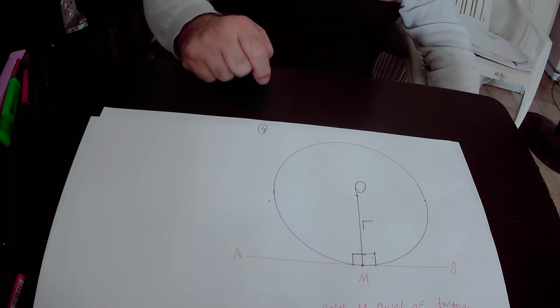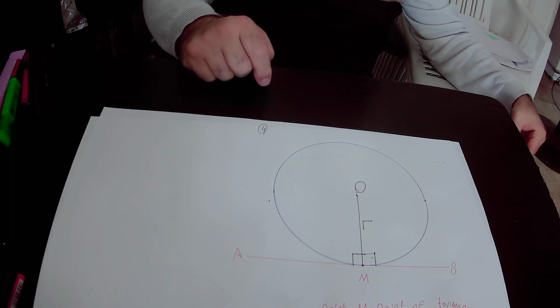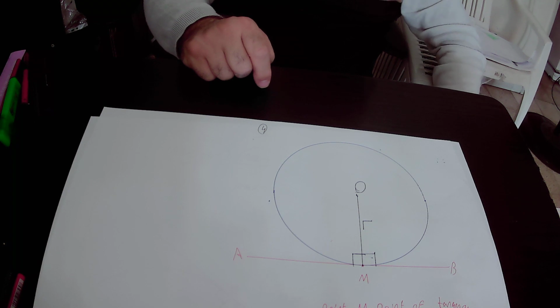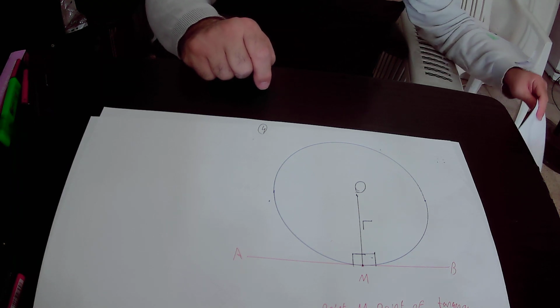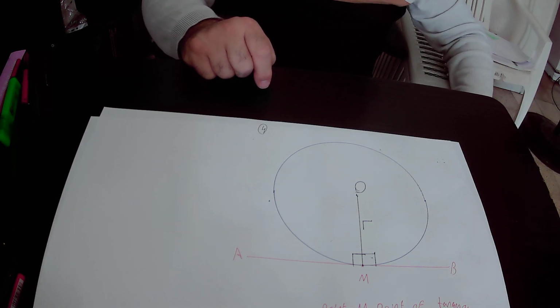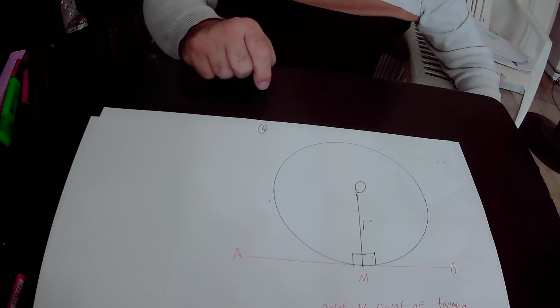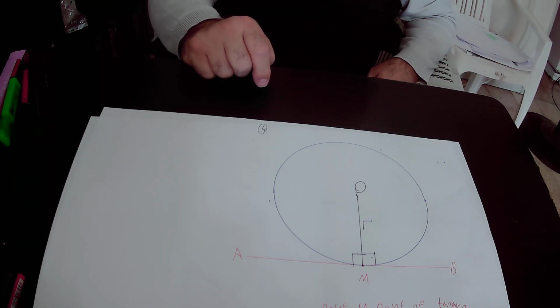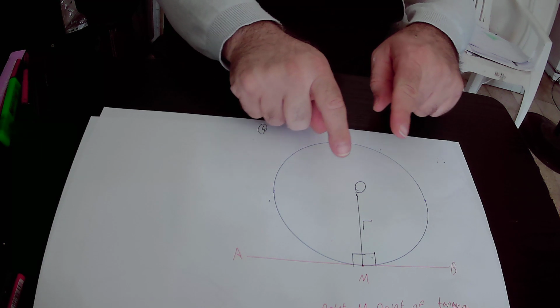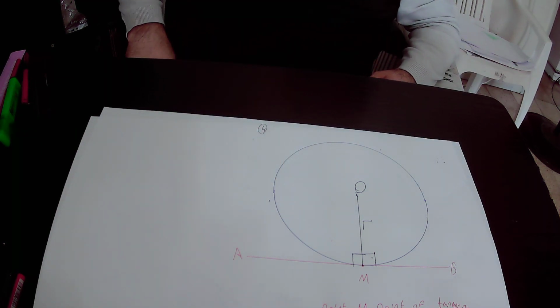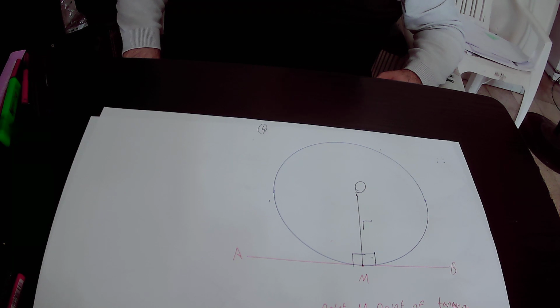So according to rule number 2, a tangent to a circle, that is to say tangent AB, is perpendicular to a radius drawn to its point of tangency.